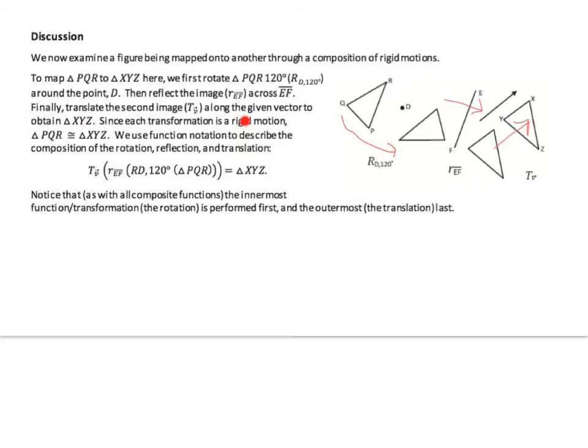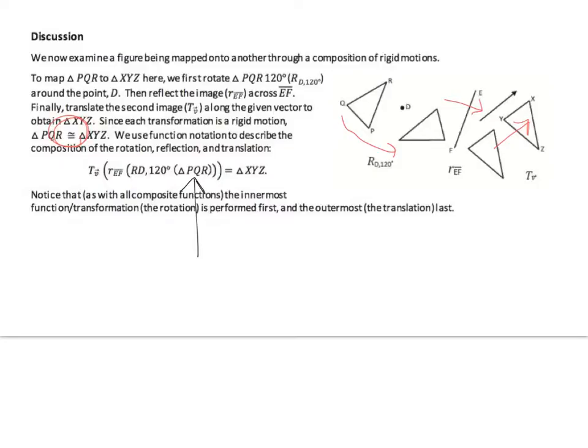Since each transformation is a rigid motion, triangle PQR is congruent to, there's our symbol, triangle XYZ. We use function notation to describe the composition of the rotation, reflection, and translation. It's pretty funny if we look. Remember PEMDAS, we always go the inside first.